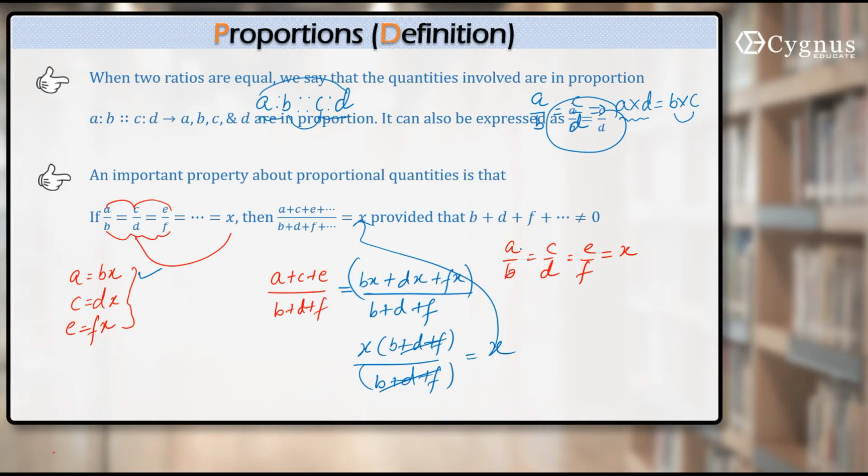So we can say, if A by B is equal to C by D is equal to E by F, this will also be equal to A plus C plus E by B plus D plus F. In other words, it is the ratio of the sum of numerators by the sum of denominators, provided that the denominator is not equal to 0. Remember that. This property will only work if the denominator is not equal to 0. Fine.